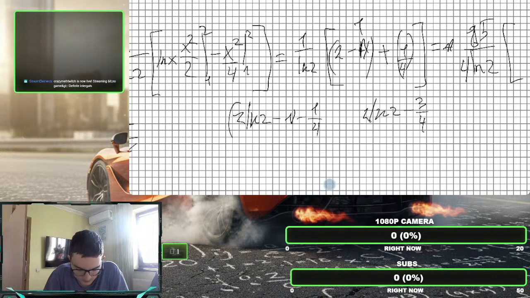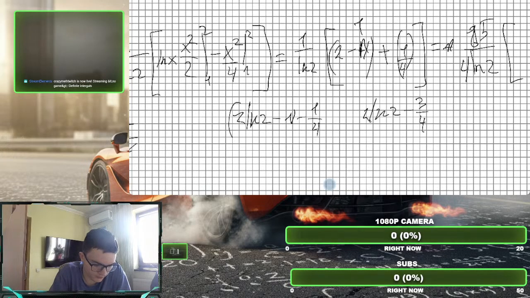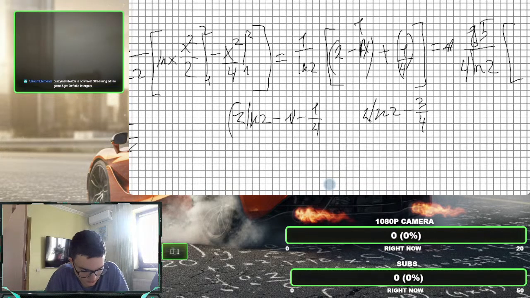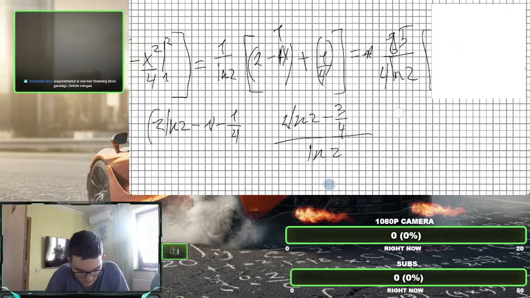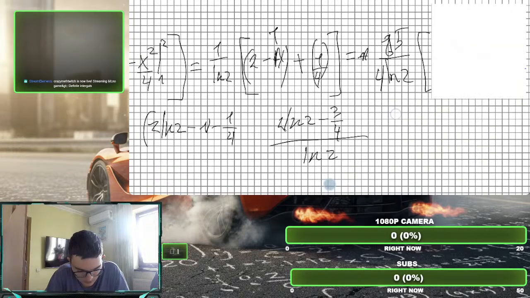Yeah, but I had at the front 1 divided by ln 2. So if I multiply this by that, I would essentially put ln 2 at the bottom and all of that to the top. And the ln 2 cancels out.